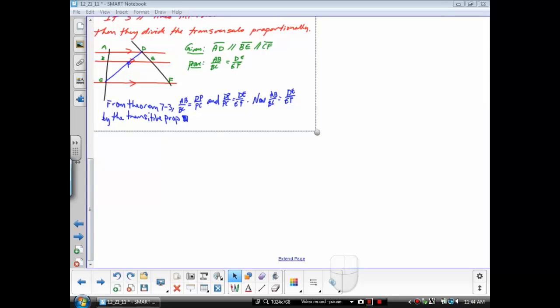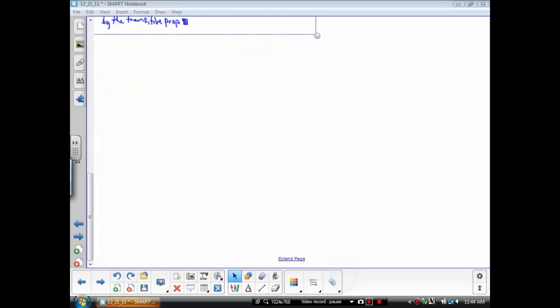All right, now we have one more theorem, which is the triangle angle bisector theorem, or theorem 7.4.